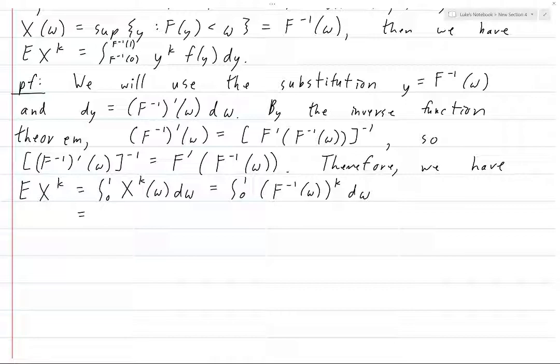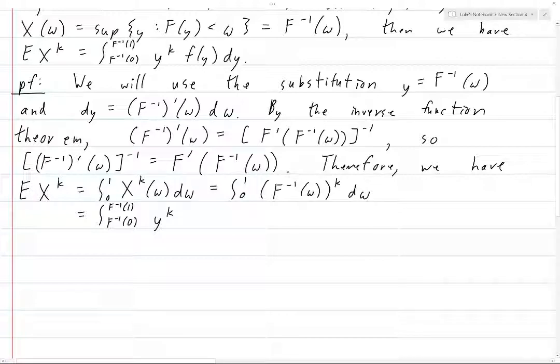Let's look at the bounds of the integral. When omega is 0 or 1, then y is going to be F inverse of 0 or F inverse of 1. So we have F inverse 0 and F inverse 1. Now this F inverse omega to the k is just going to become y to the k. But now we have to figure out how we get this lowercase f of y.